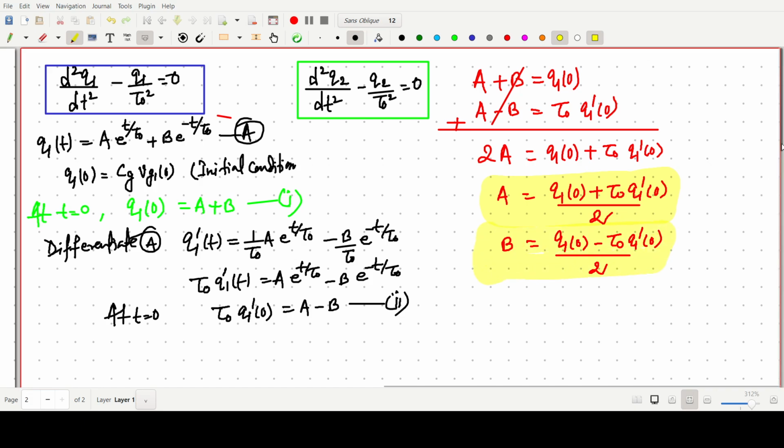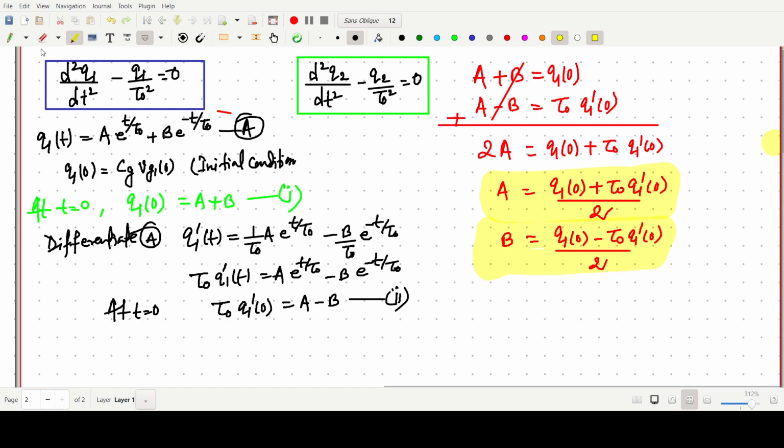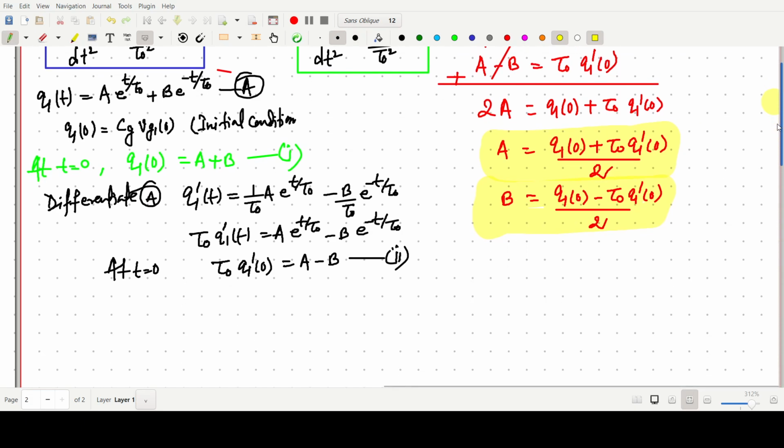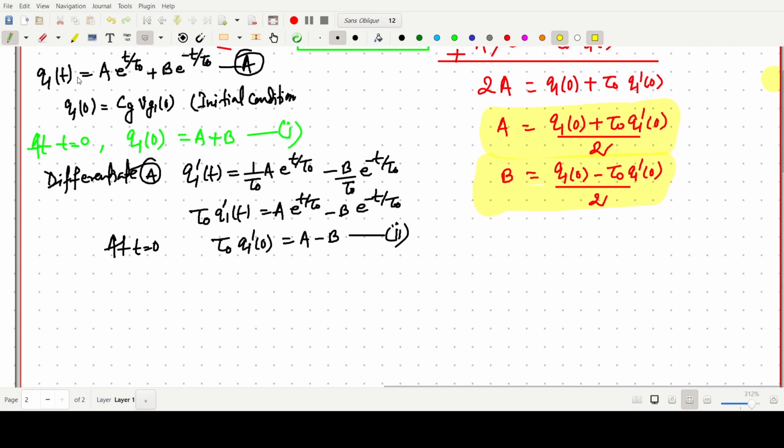Okay, now we can write the value of Q1 of T. The value of Q1 of T can be written as Q1 0 plus tau naught Q1 dash 0 by 2 e to the power T by T naught, plus the B value is this one.